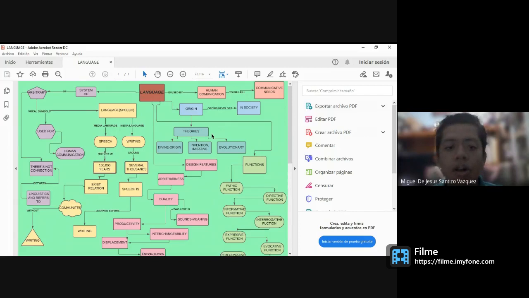On the other hand, we can find writing, that has a history of around several thousand years. That is to say that speech is learned before writing. When we are children, we start hearing words, maybe words that our parents say to us.